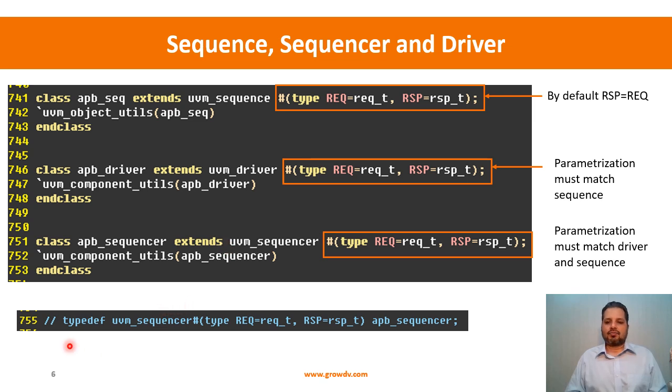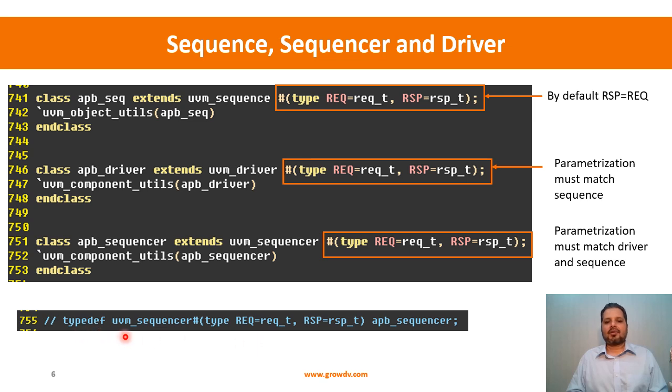Additionally, as we have seen even in the examples, the sequencer is mostly boilerplate code. There is not really any user-defined code required unless you intend to add some additional tasks or functions to it. If you aren't planning to do that, then you don't really need to write that sequencer boilerplate code. You can just use a typedef.